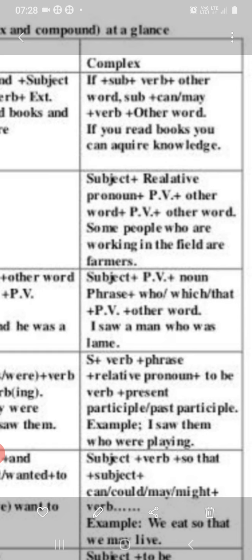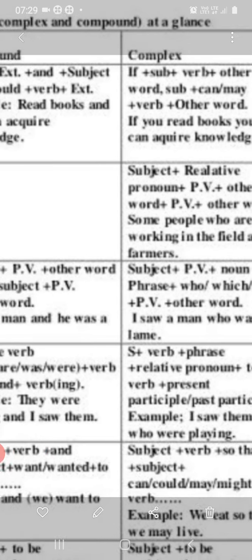Who are working gives complete meaning, but who is the subordinating linking word. So, some people who are working in the field are farmers. Here the independent clause is some people are farmers. In between, the subordinate clause who are working in the field is used. So it is a complex sentence.